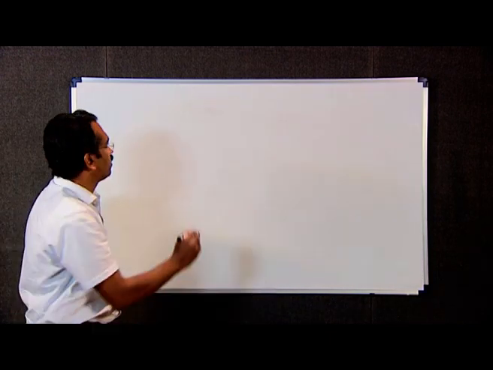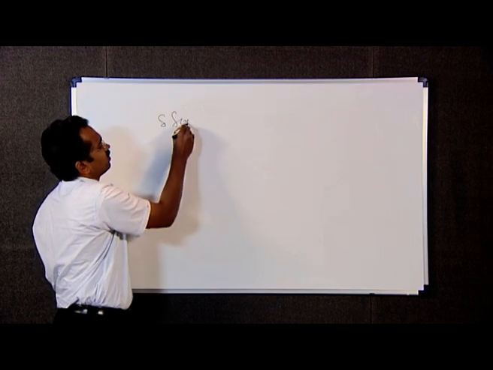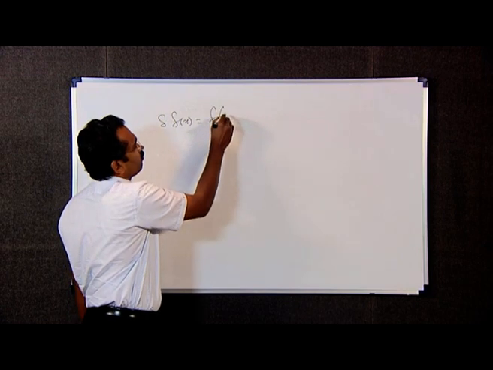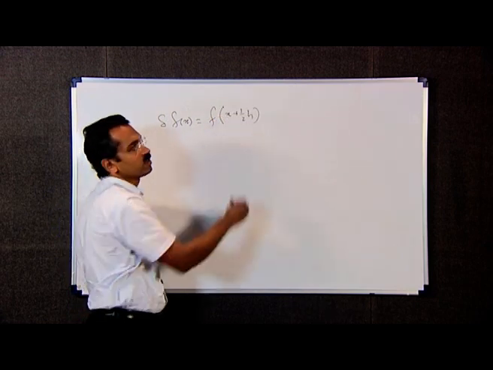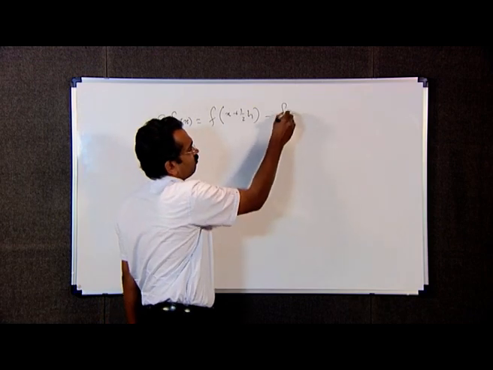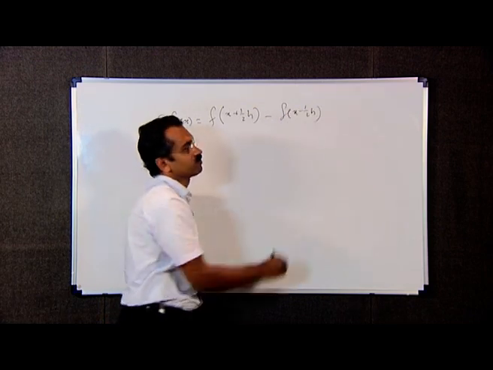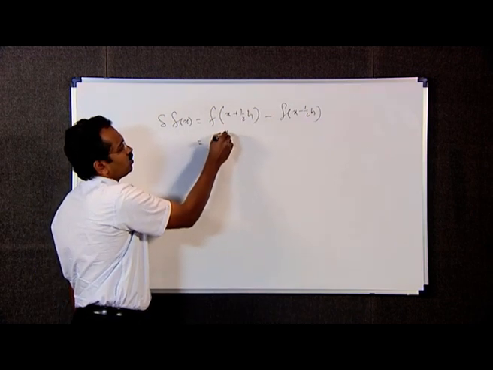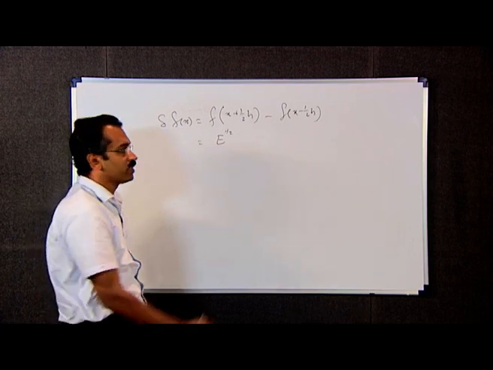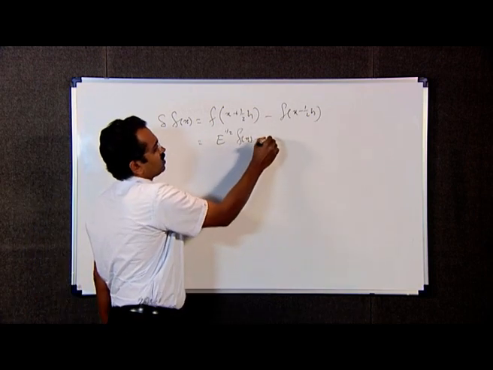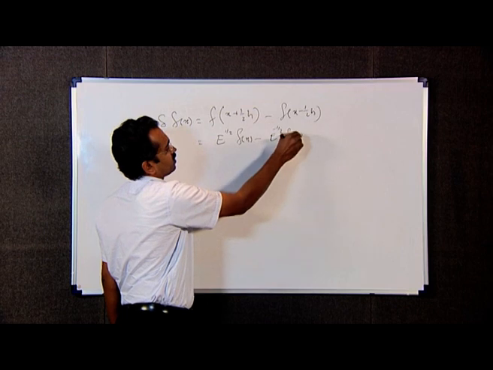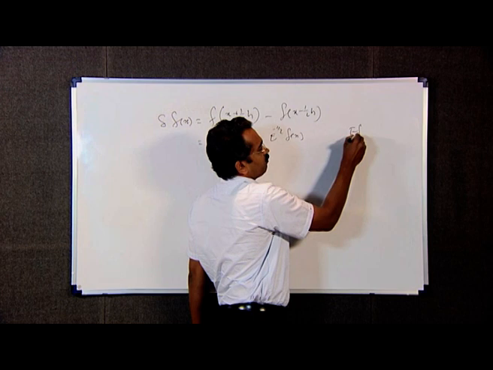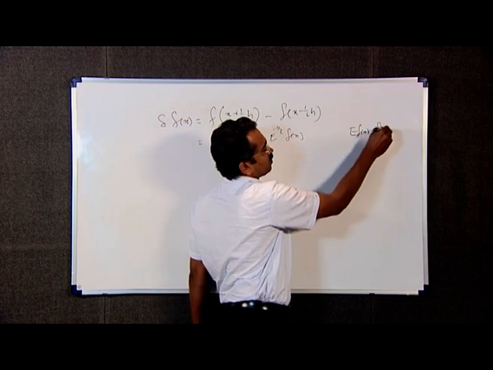We have the central difference operator del f of x is equal to f of x plus 1 by 2 h minus f of x minus 1 by 2 h. That is equal to e raised to 1 by 2 f of x minus e raised to minus 1 by 2 f of x. By the definition of shift operator, we have E f of x is equal to f of x plus h.